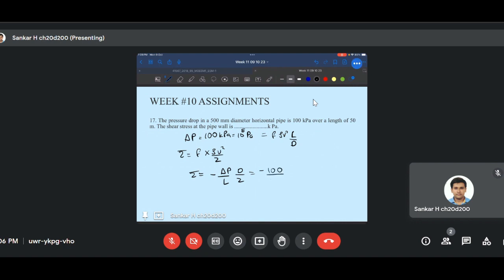100, sorry, you have to just do it in kilopascal. So this is 100 kilopascal by 50 meters times D by 2, which is 0.25 in meters, it's just 250 millimeters by 2.